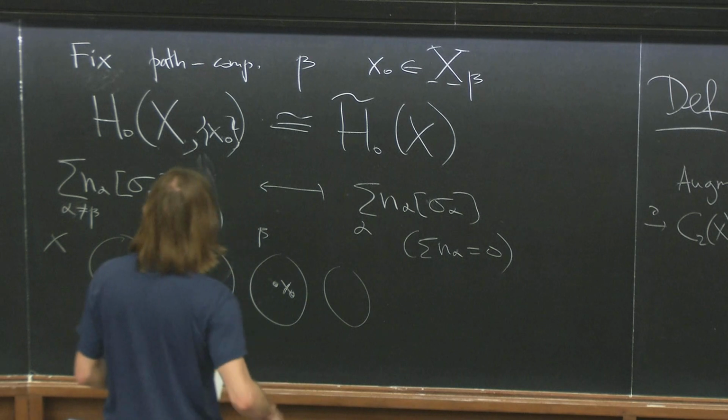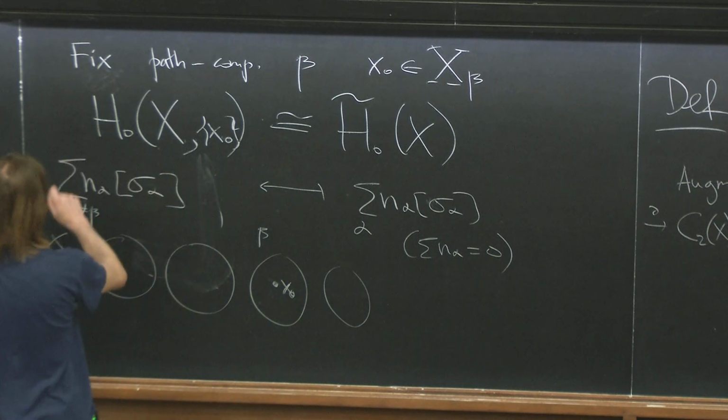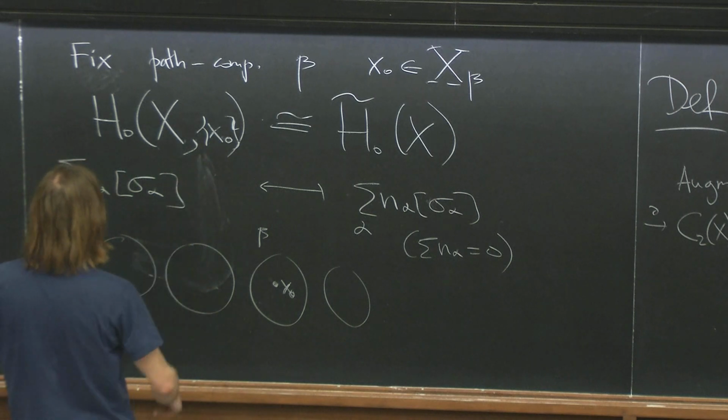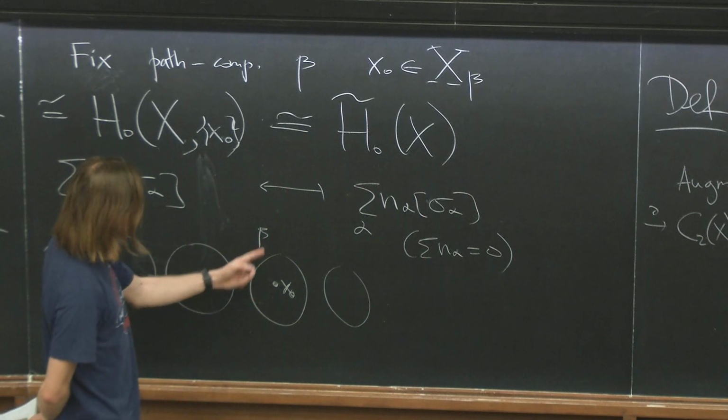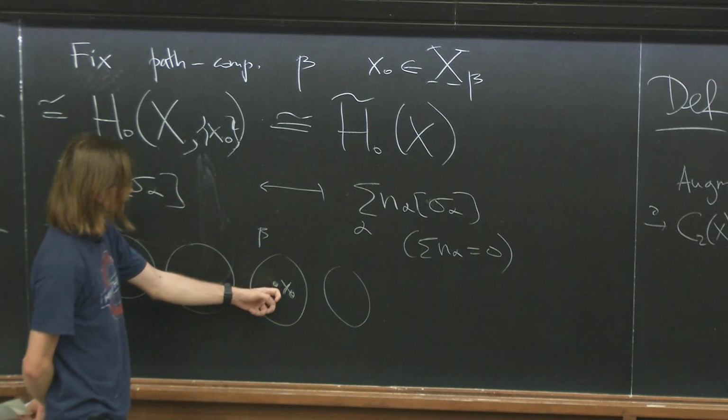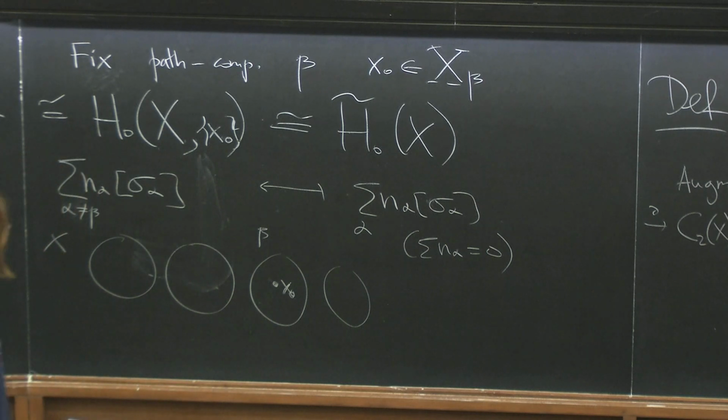Anyway, the conclusion is that this relative homology group is isomorphic to the sum over all path connected components not equal to beta, which can be written as H_0 of X unreduced divided by Z. This Z corresponds to the generator corresponding to the path-connected component containing this fixed point x_0.